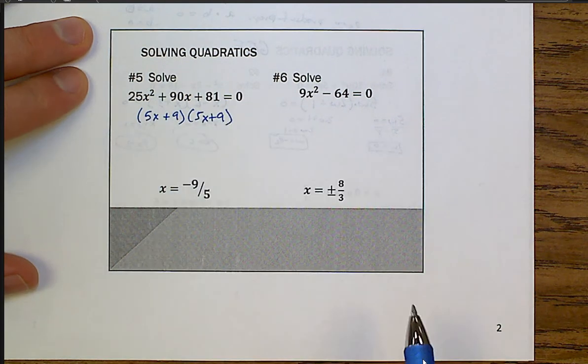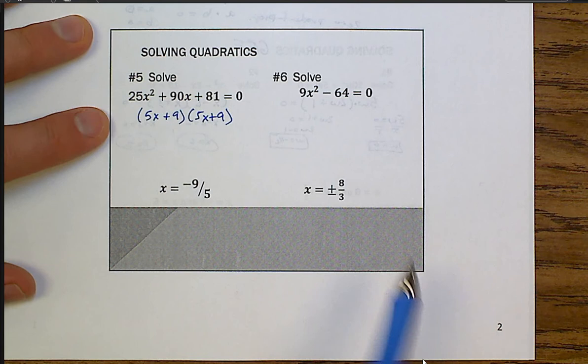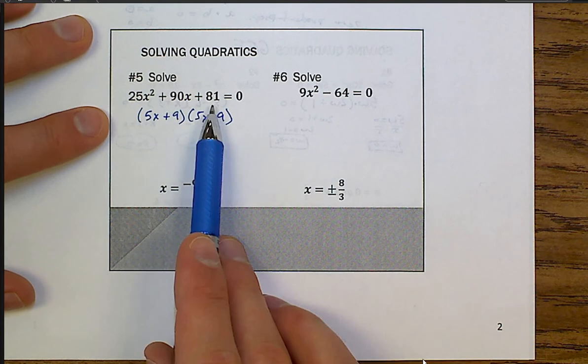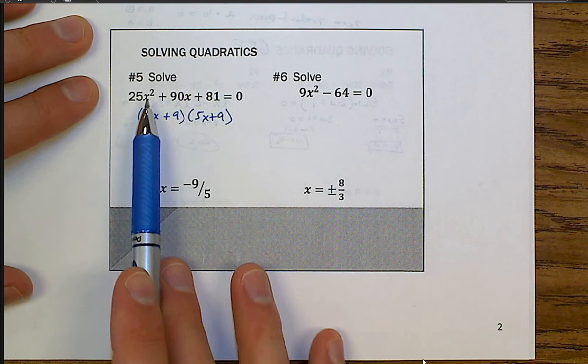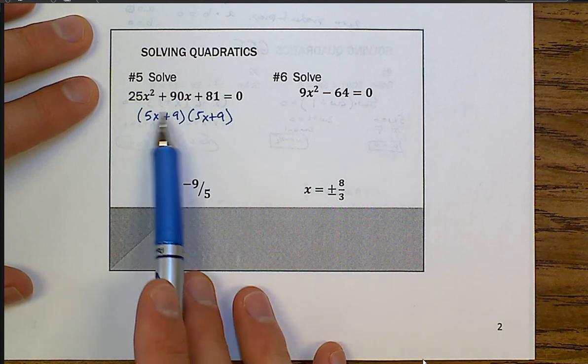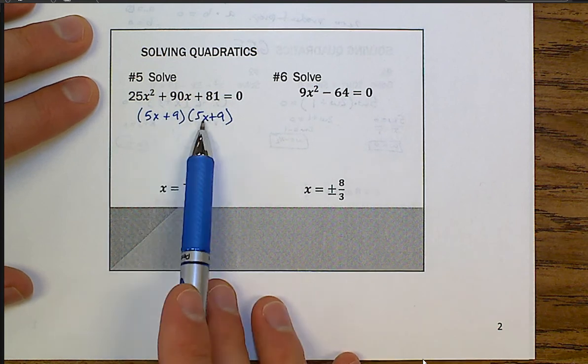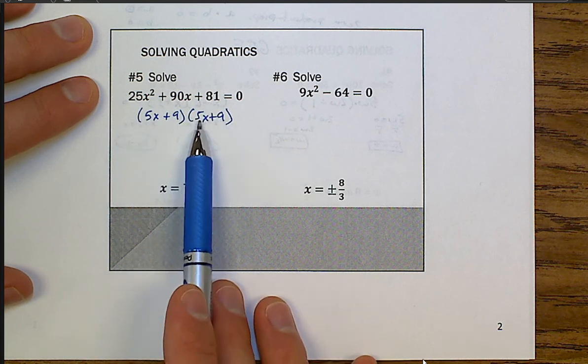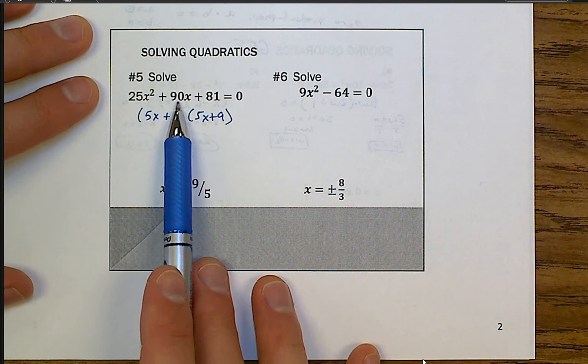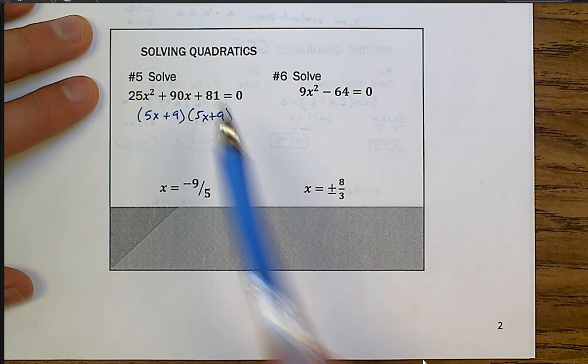Okay? And you can go through and FOIL this out. Now you could do box method here, but it would be a massive headache if you're just thinking ahead. But sometimes these factor out, and you should go back and multiply 5x times 5x, 25x squared. That's going to give me 45x, and that'll give me 45x. 45x and 45x make 90x, and 9 times 9 is 81. So it does factor out.